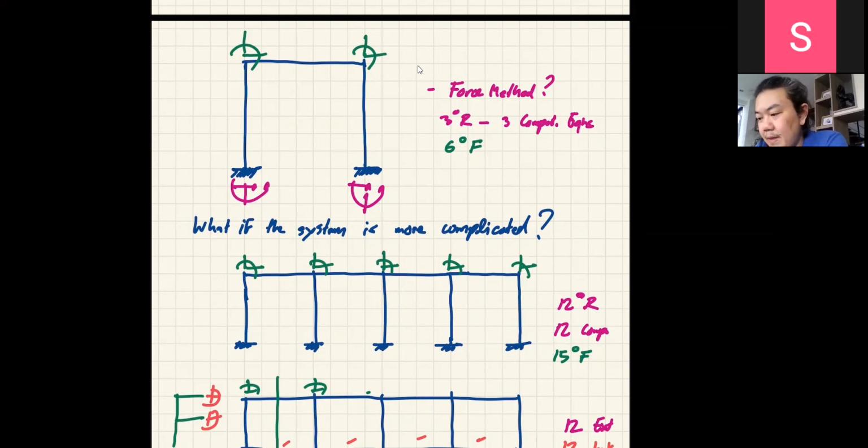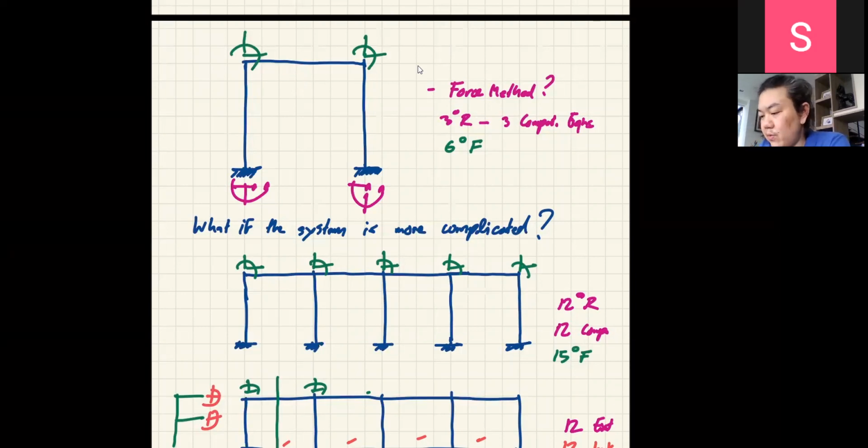But some axial force in this member would not be as important, even though it will exist. If we don't really want to know how much stress is going to be here, it means that we can neglect the axial deformation of the structure. By doing that, we can reduce the degrees of freedom even further.